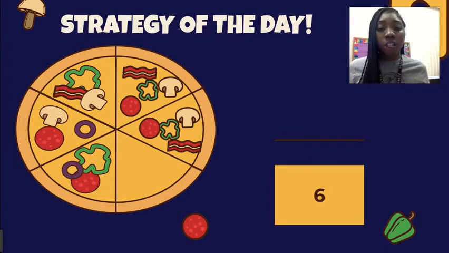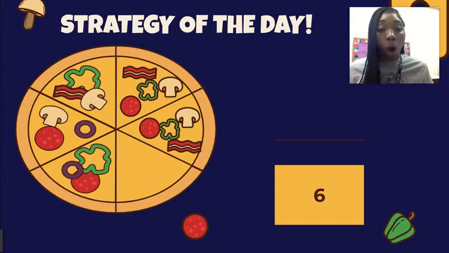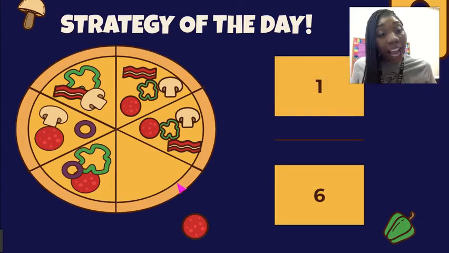Now, how many parts do not have any toppings at all? Yeah, there's only one out of the 6 total pieces that doesn't have any toppings. So our fraction is going to be 1/6, because it is 1 out of the total.